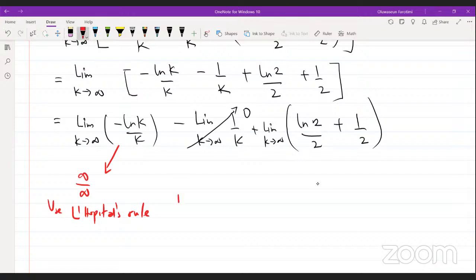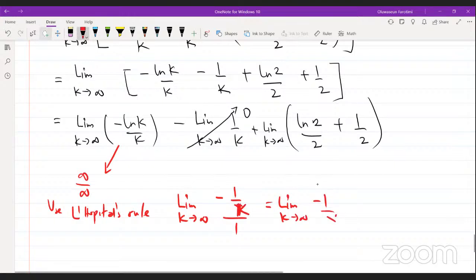So you do the limit as k goes large of negative 1 over k divided by 1, and it's k, not x, because our discussion at this point is k. Now, what's this limit? 0. Perfect.